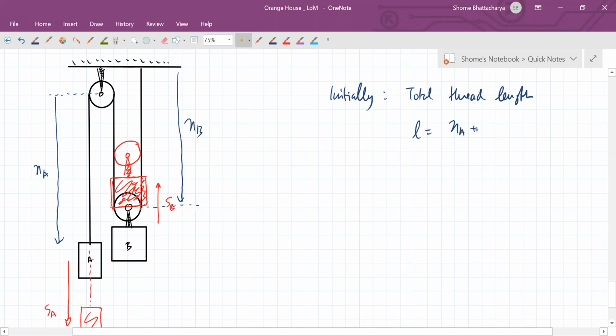XA plus twice of XB, ये लेंथ प्लस ये लेंथ प्लस ये लेंथ, ठीक है.